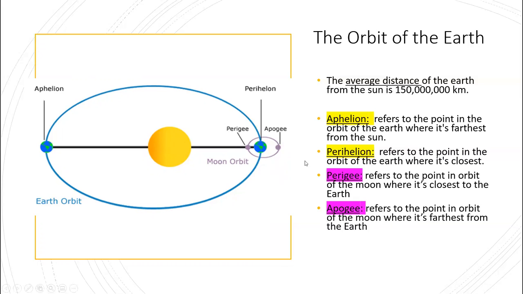Now, there are a lot of things, and I'm not going into details with this, but this is the reason why there's some time of the year, or month even, where you have tides that are higher or lower than normal, because it's the closest, etc. So I'm not going into this in detail.